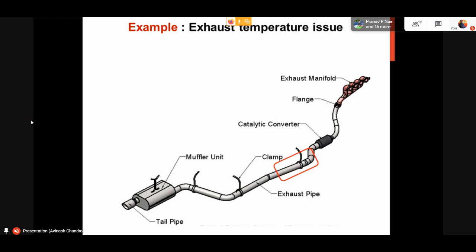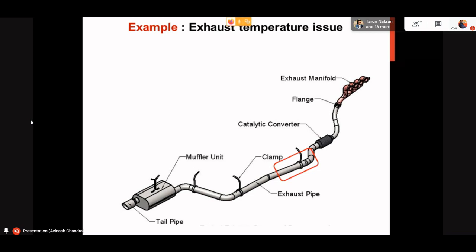We need to find out what the failure criteria is. Failure criteria depends on vehicle to vehicle and model to model. It is not just depending on one thing; it has a lot of other perspectives also. Now we'll see just one example quickly. The example you're seeing is an exhaust pipe.